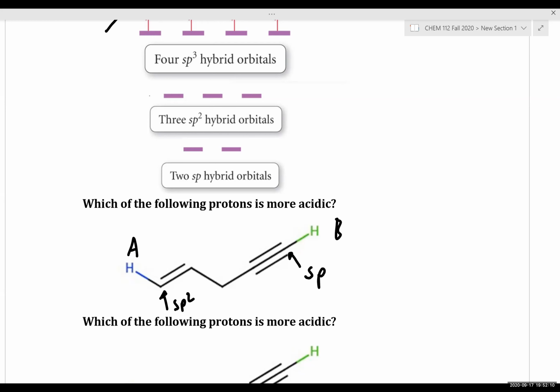The sp2 proton or the sp proton? Which proton's more acidic?